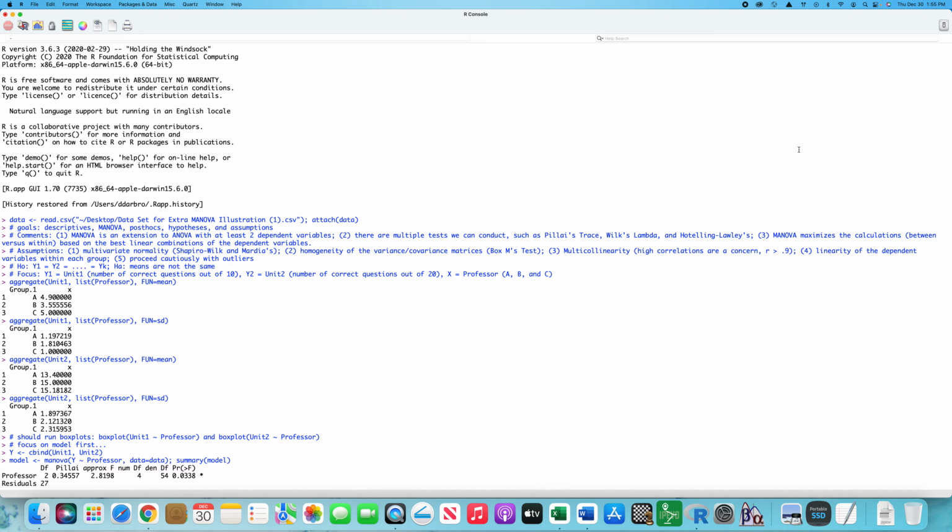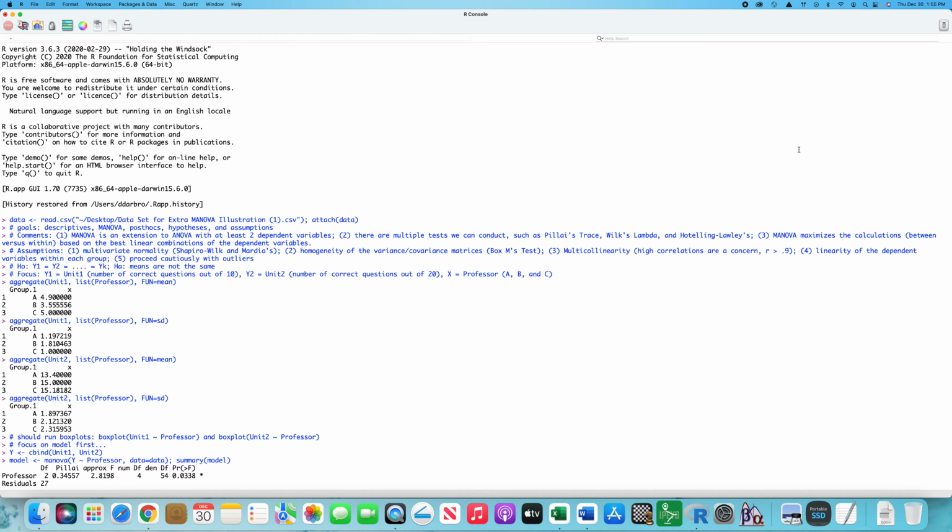So again, MANOVA is an extension to ANOVA with at least two dependent variables. There are multiple tests that we conduct. I think as just a standard, let's just go with Pillai's trace unless otherwise instructed. And MANOVA maximizes the calculations between versus within based on the best linear combination of the dependent variables.